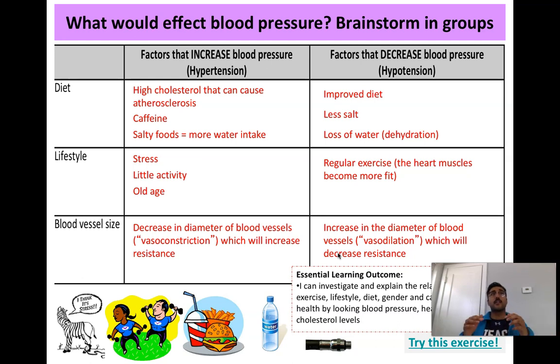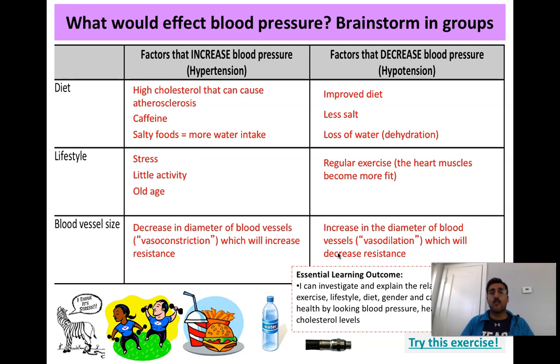On average, at rest, you don't want to have high blood pressure. Now, you also don't want to have major low blood pressure, because that would be classified as hypotension, and that's like an extreme in the other direction, and you don't want that either.